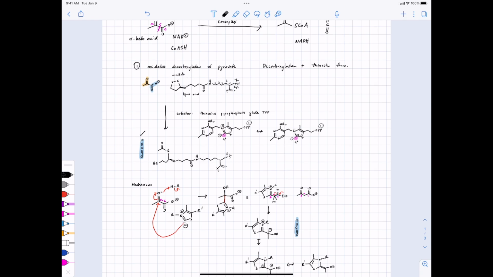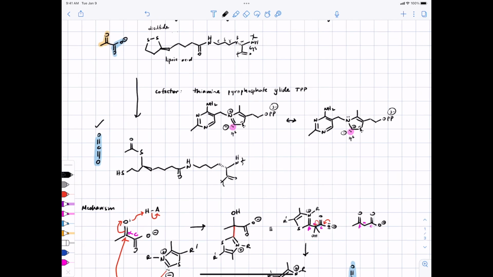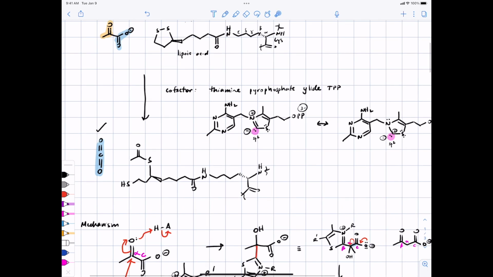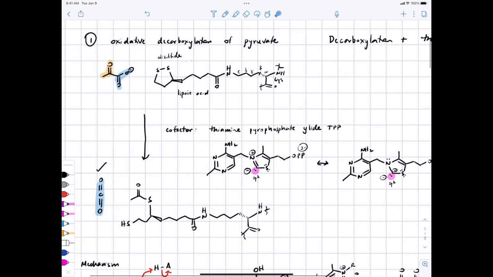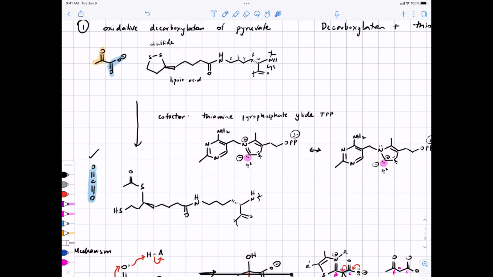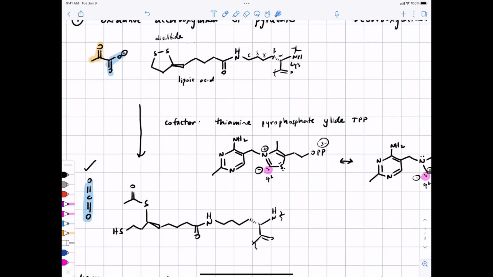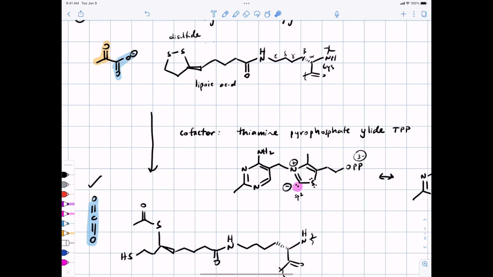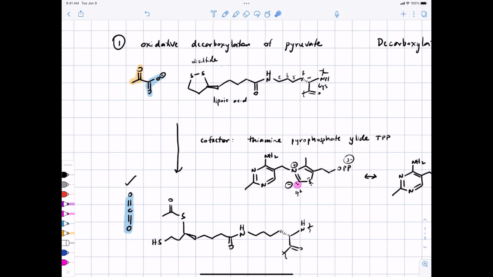So, just briefly looking at the cofactors that make this process happen, you've got a couple of them. One is this lipoic acid, which has this interesting, weird 5-membered ring disulfide. We're going to use one of those sulfurs to make the thioester. And then thiamine is a catalyst that we're going to use to make it so that this alpha keto acid can lose CO2.